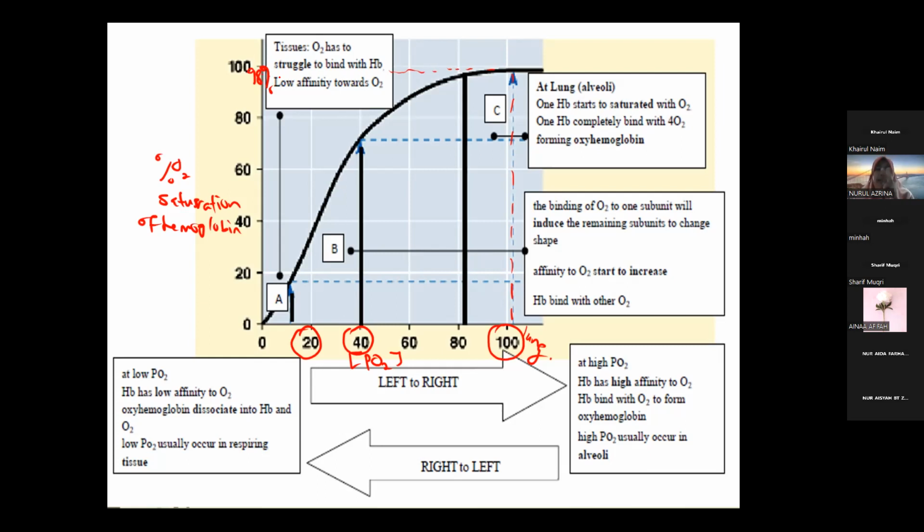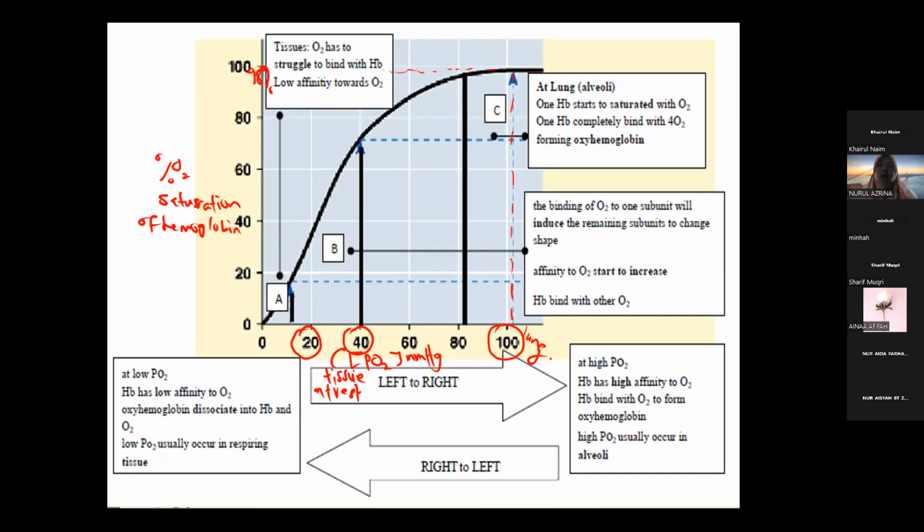Second one is partial pressure of oxygen at 40 mmHg. Unit partial pressure, mmHg. At 40 mmHg, this is the partial pressure of your tissue at rest. What does it mean by at rest?